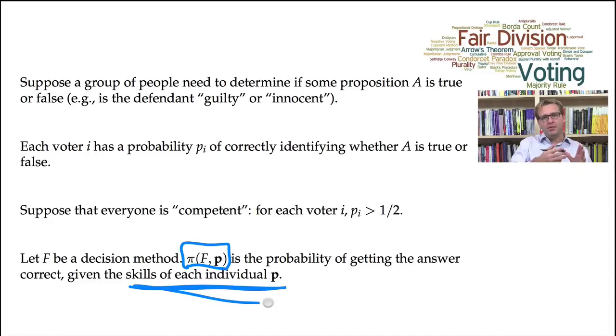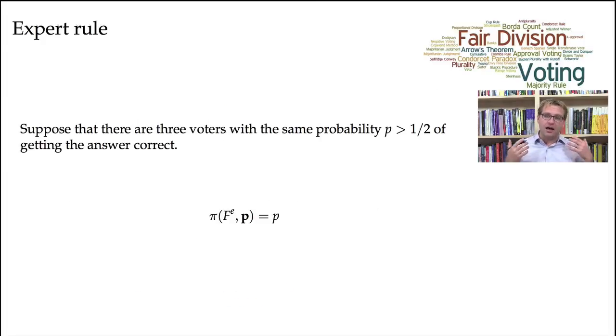So given the probability for each individual of getting the answer correct, and some way of aggregating everybody's opinions about the proposition A, we can ask, what's the probability that that group decision-making method will actually get the answer correct? So let's look at an example.